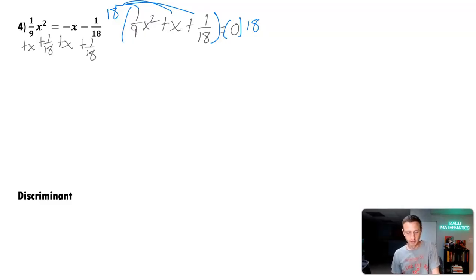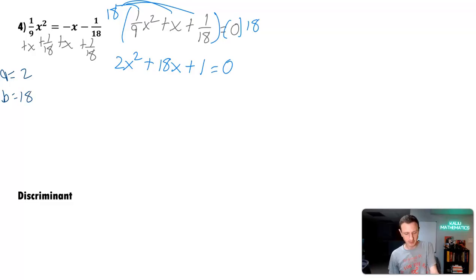We could do that. So 18 times 1/9 is 2x squared, plus 18 times 1 is 18x, plus 18 times 1 over 18 is 1, equal to 0 times 18 is 0. Now we can use the quadratic formula. A equals 2, B equals 18, C equals 1.